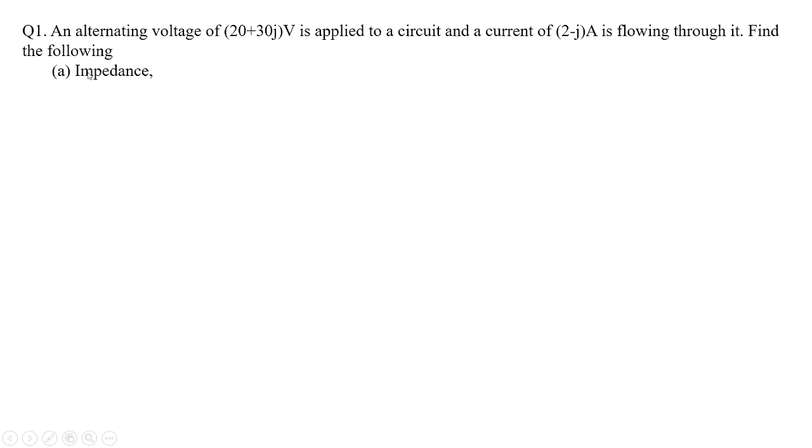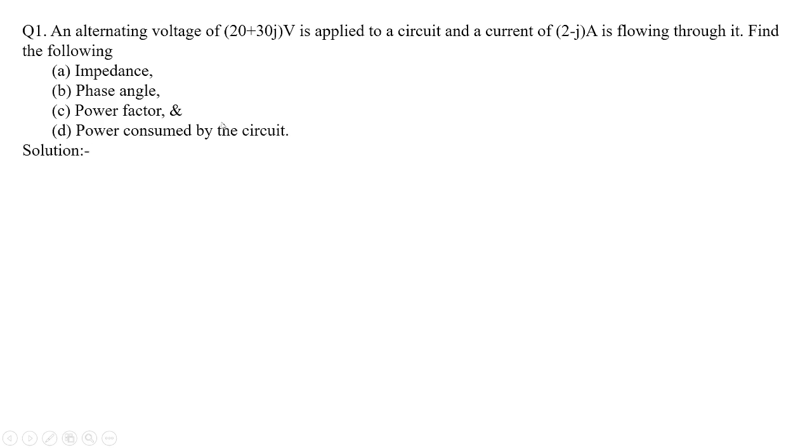We have to find the impedance, phase angle, power factor and power consumed by the circuit. For that, I take the data given to me. The rectangular form value is 20 plus 30j volts. The current value is 2 minus j amperes.